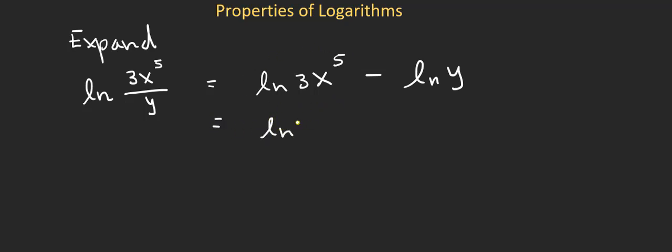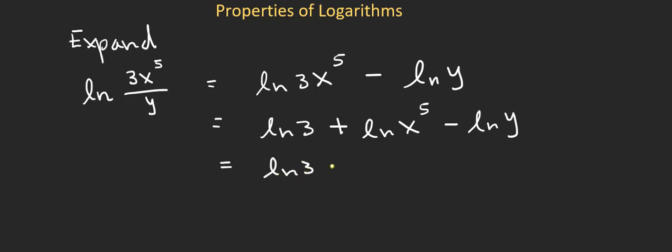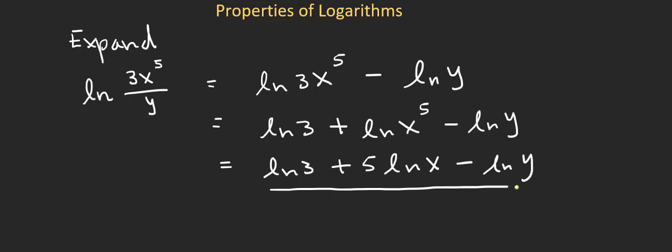So natural log of 3 plus natural log of x to the 5th. Now using the power property, you can write it as 5 natural log of x minus natural log of y. So this is the expanded form.